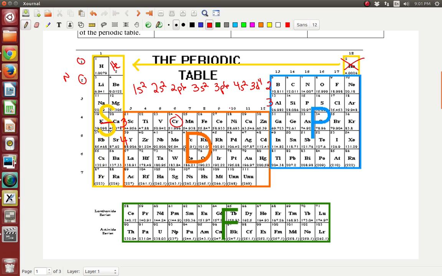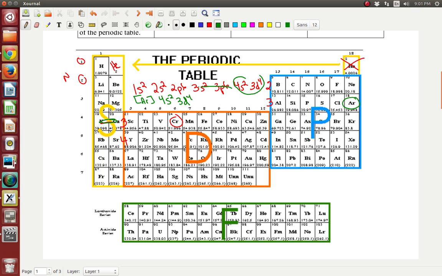That's the long one, and that's for chromium, and we'll do the abbreviated form. We'll go up one level into the noble gas, so we'll have argon. So instead we'll say argon, and we'll just put the new stuff: 4s2, 3d4, which is this stuff right here.